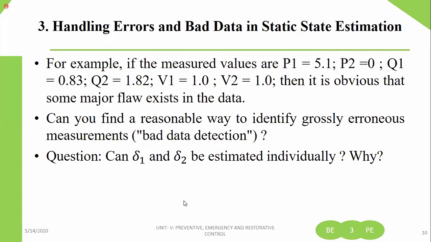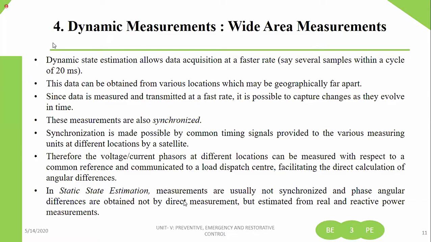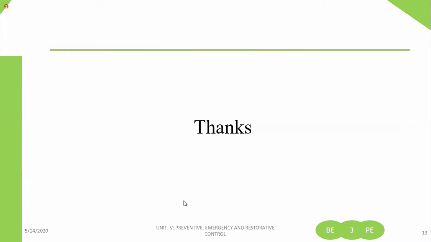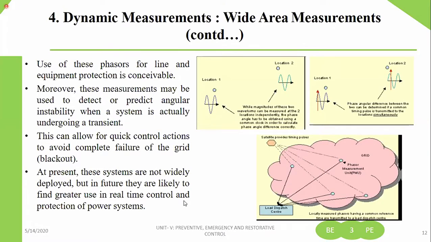If they fail, then we have to use dynamic measurement using satellites, which is provided accurately. That's why in Bhutan, BPSO has installed 7 PMUs. I will share with you where the PMUs have been installed. That's all for today. If you have any query or doubt, let me know.